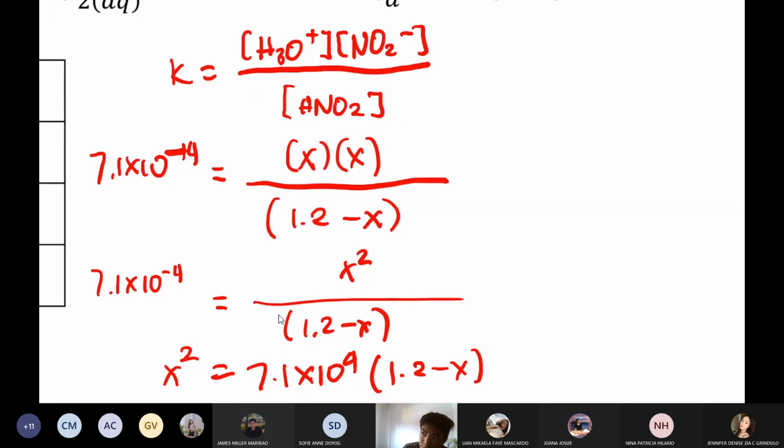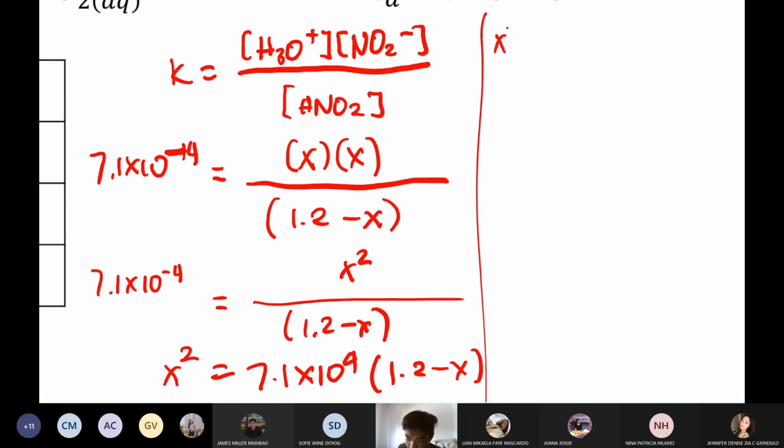So, yan. Cross multiply ko ito para mapunta doon. So, we have this expression. Then, we simplify this algebraically. Ito, gagawin ko na lang para kayo na bahala recalculate later. Okay. Hopefully, mabilis na kayo sa algebra this time. So, yan.